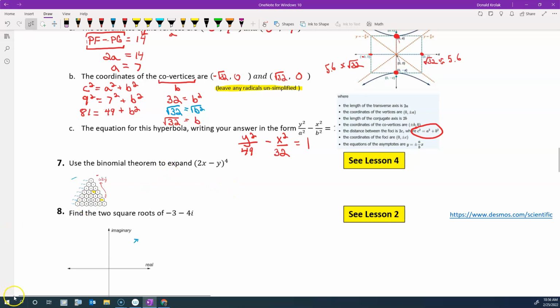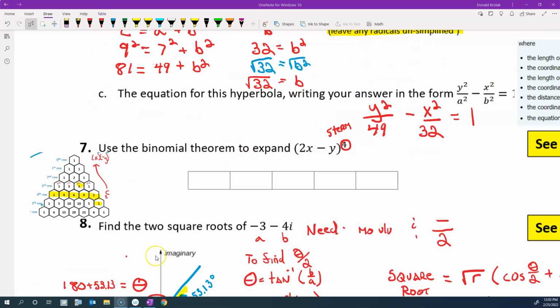Good. All right, the next one for a test. We've got 5 terms. My terms are going to be 2x and negative y.